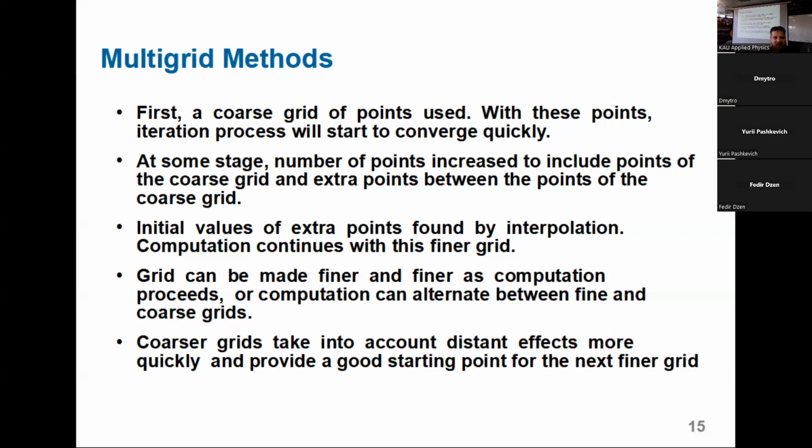This is typically where the multigrid methods are used, and where this fact helps: with the coarser grid, I can quickly get at least some information, not precise, from a very distant domain to my domain, and then work with that, and then refine it in subsequent iterations. For example, specifically for those Poisson solvers, this is not just something that makes the Poisson solver work faster on large systems.